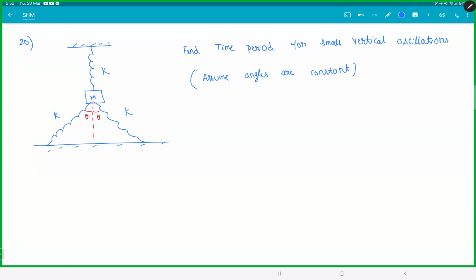Think, take a minute. If I pull the block by x down, do you think these springs will compress by x? Right. So that much we know, it will not be x. How much, that is a different story to figure out. Think.